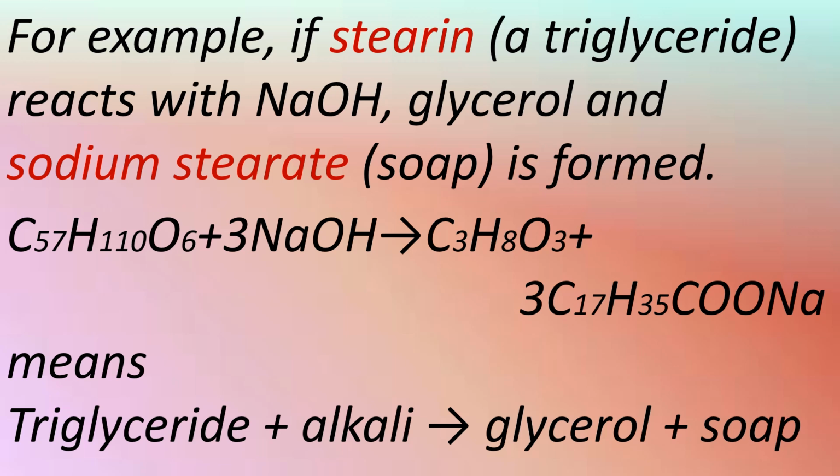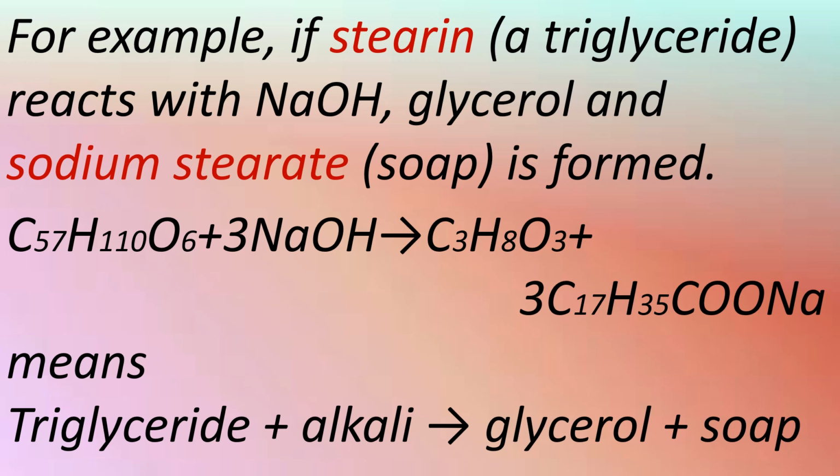For example, stearin is a triglyceride. As I have already discussed, triglycerides are made up of glycerol and fatty acids. Here the triglyceride is stearin, which is formed by glycerol and stearic acid, that is fatty acid.